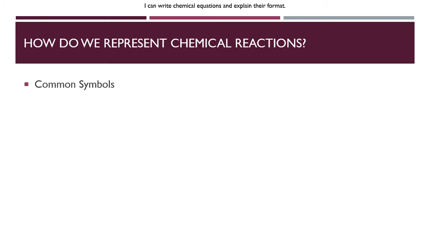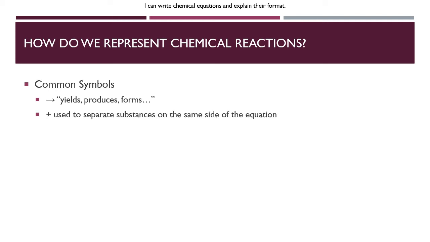So here are some common symbols that we will see in writing chemical equations. The arrow we just talked about, meaning yields, produces, forms, that's what separates your reactants from your products. A plus sign, that is used to separate substances on the same side of the equation. So if you have more than one reactant and or one product, you separate each symbol or each formula with a plus sign.